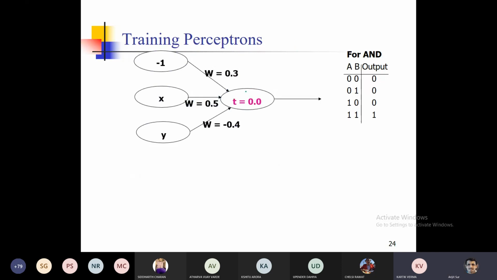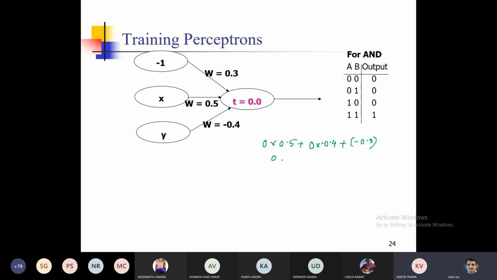Now if we put W equal to 0.3, so X is equal to 0, Y is equal to 0. So X into 0.5 plus Y into 0.4, that is minus 0.3, and the threshold T is equal to 0.0.